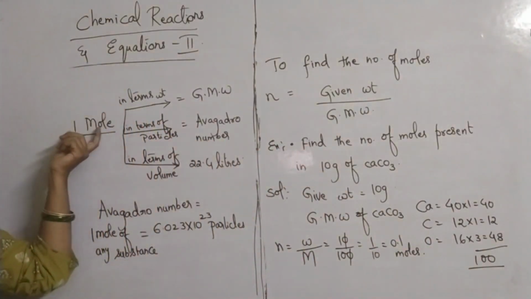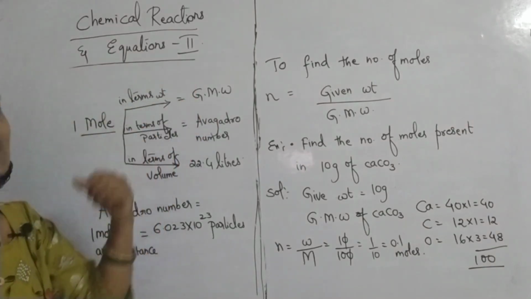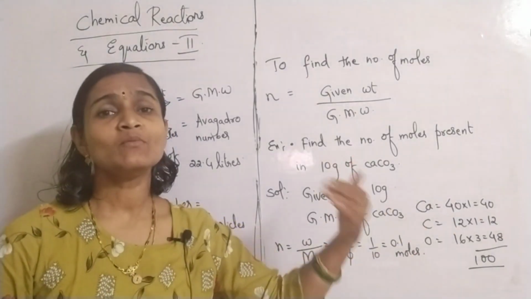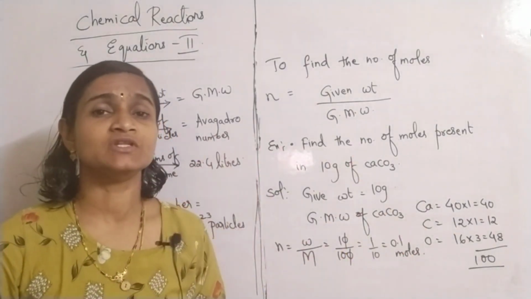In terms of weight, 1 mole of any substance is equal to its gram molecular weight. So here 100 grams is the gram molecular weight for 1 mole of CaCO3.